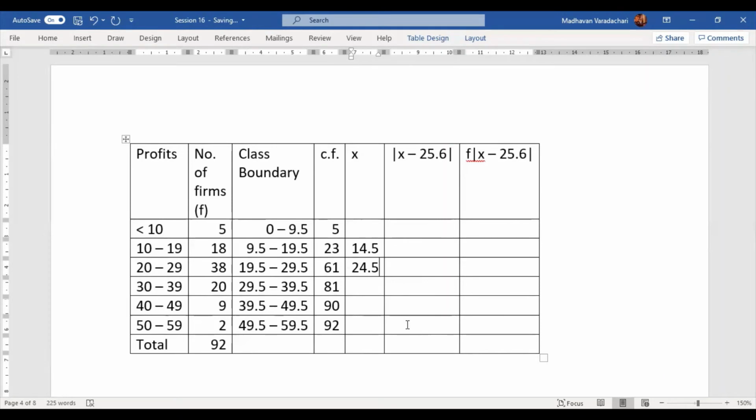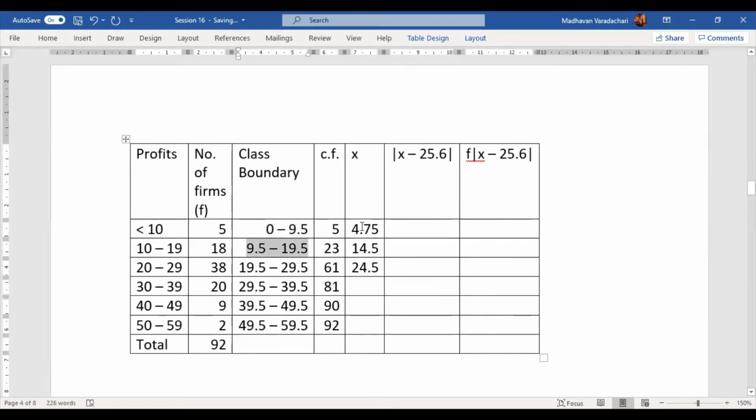Here it is 9.5 by 2. I'll consider it as 4.7, sorry, 4.75. Because here the gap is 10, here the gap is 9.5. That is why here we are not writing it as 4.5, we are writing it as 4.75, because of the gap. This gap and this gap are different.